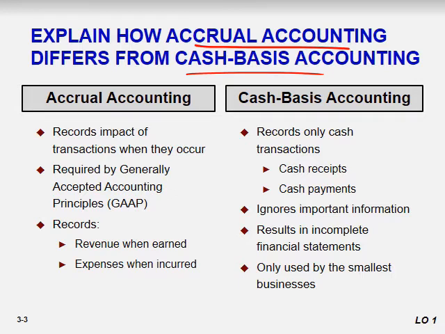So, accounting can be divided into two. One is accrual accounting and one is cash basis accounting. In accrual accounting, the accrual accounting records the impact of a transaction as it occurs. If a transaction happens on 15 of January, the transaction will be recorded in the books of accounts on 15 of January.